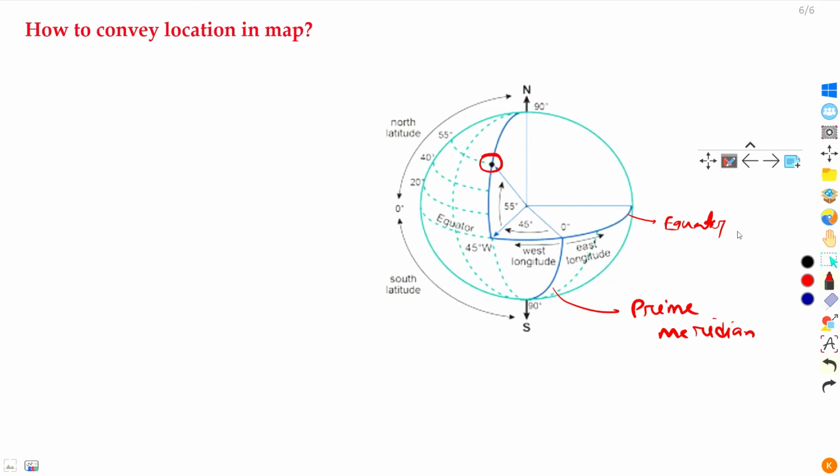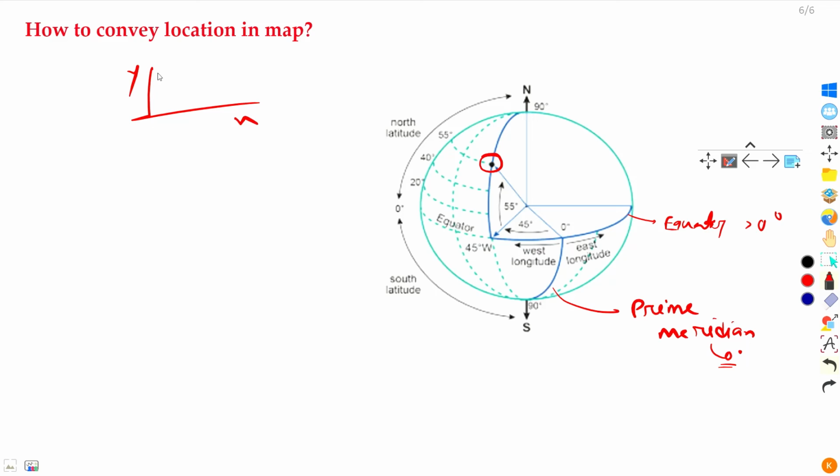The value of this equator line is also 0 degree, and the prime meridian value is also 0 degree. So we start counting from this equator line and this prime meridian. The location counting from the equator and prime meridian is similar to the xy axis.